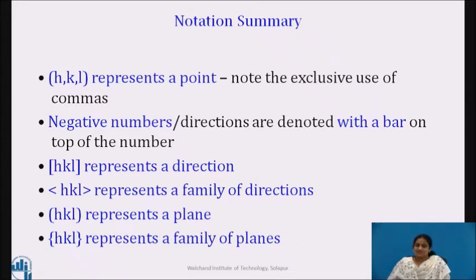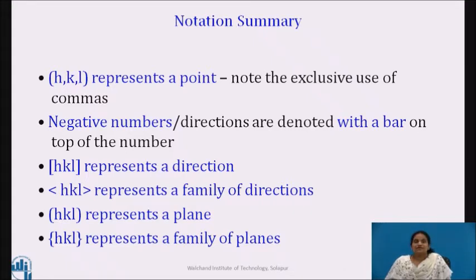So let us see the notations, that is how these directions, planes, vectors or items are represented. Now in simple bracket, (H, K, L) represents a point, that is a lattice site. Then negative numbers are denoted by a bar on the top of the number.